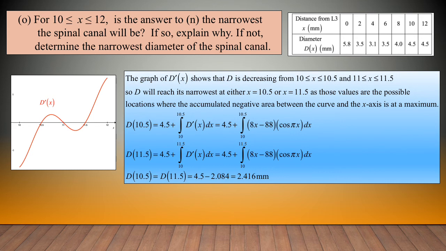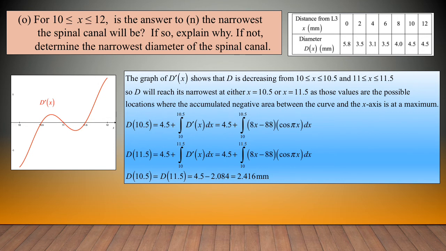as those values are the only possible locations where the accumulated negative area between the curve and the x-axis is at a maximum. So we look at d of 10.5, which is 4.5 plus the integral from 10 to 10.5 of d prime of x dx, and that is 4.5 plus the integral from 10 to 10.5 of (8x minus 88) cosine pi x dx.